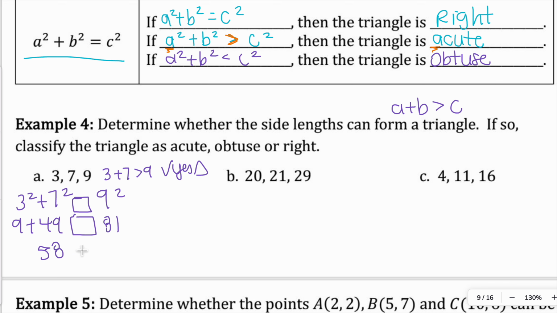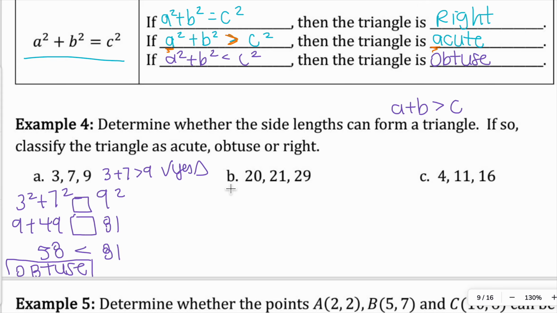And 58 is less than 81. So if I look back up here, c squared is winning. So that one is going to bring an obtuse triangle. Okay.